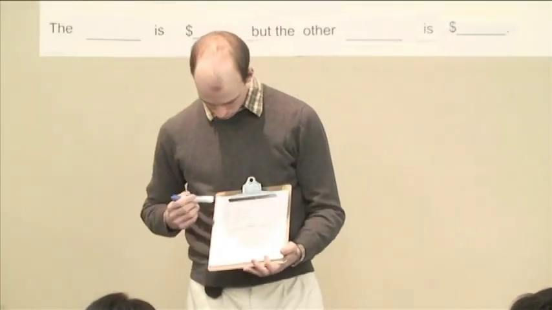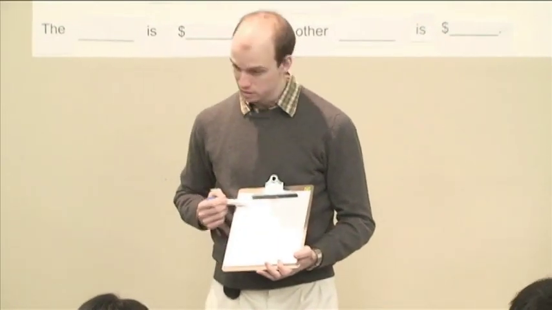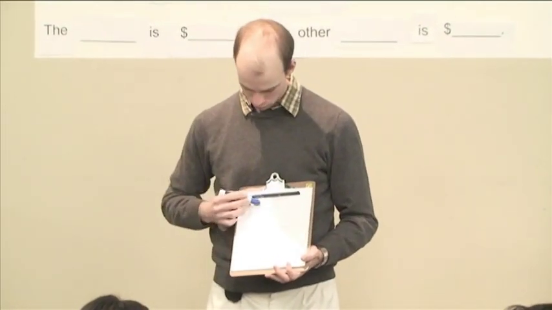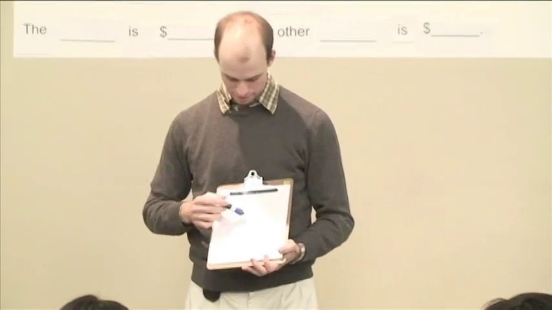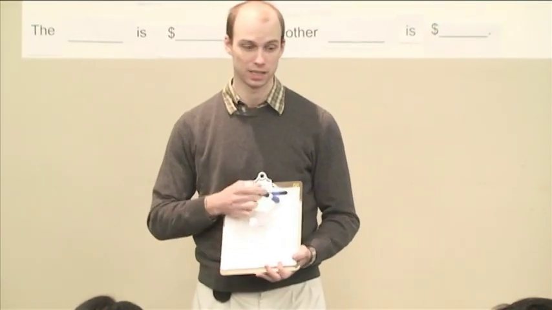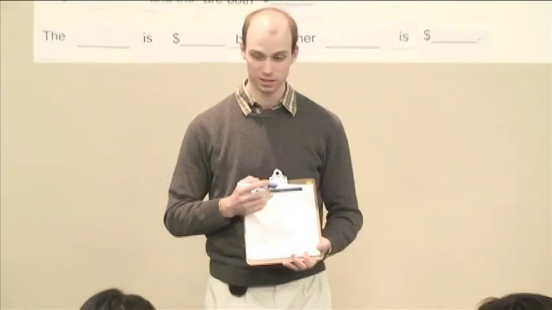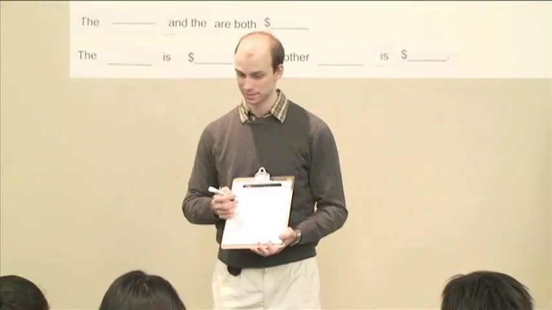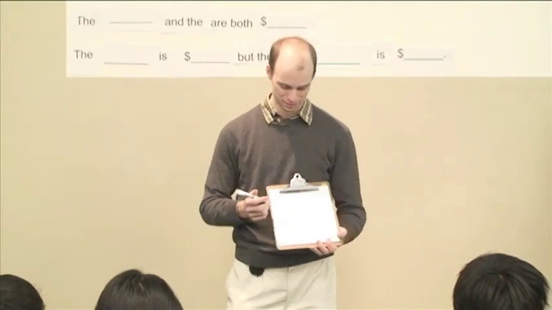What I'd like you to do is match these numbers to the words and then write out the short form in the blank line beside it. Okay? So let's get started with that. And we'll keep going after this.